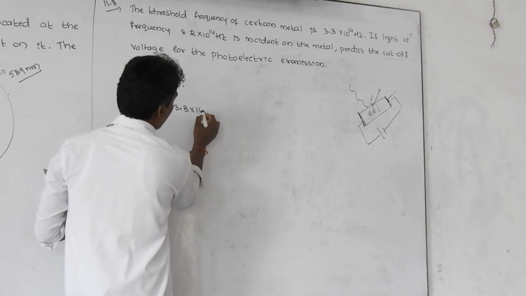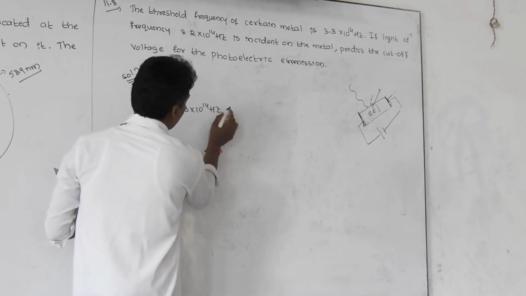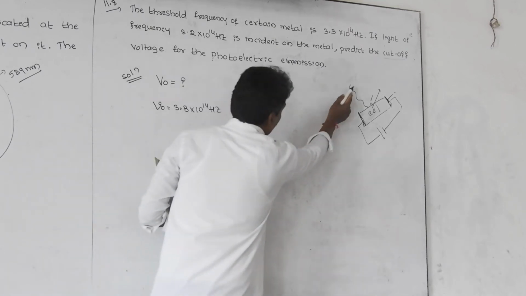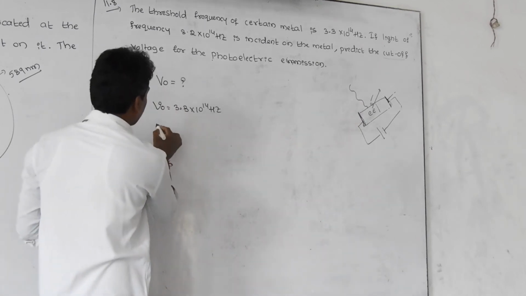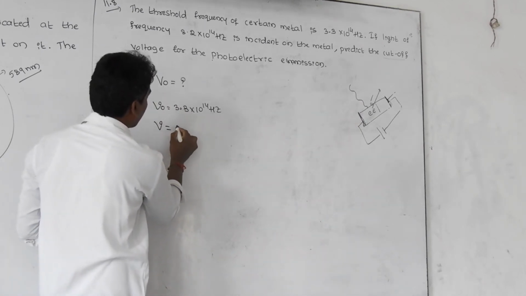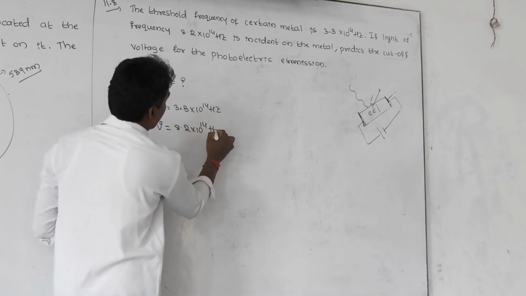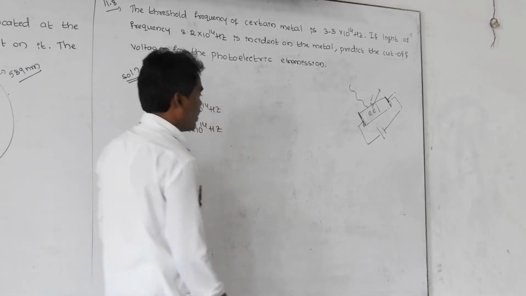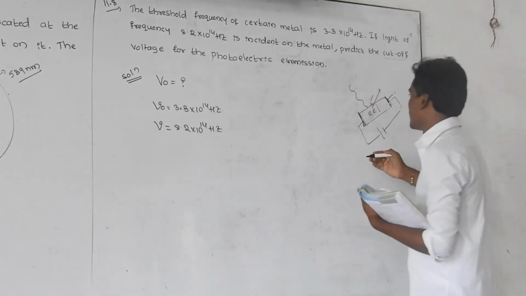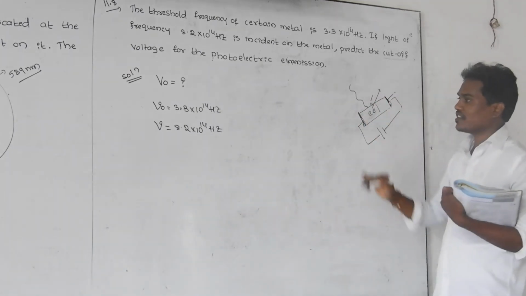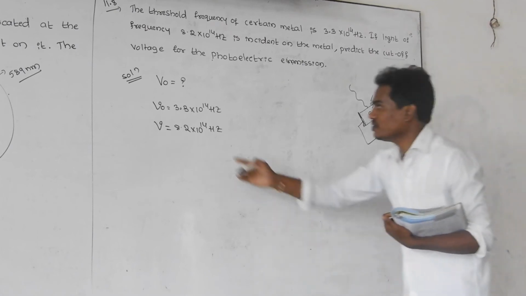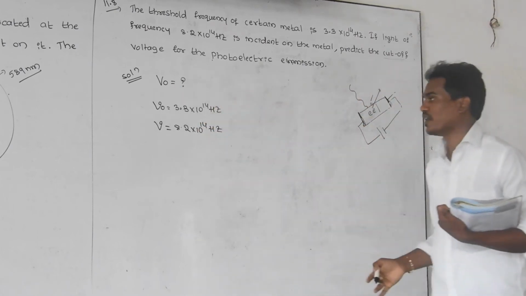The electron is emitting from the surface of the metal. In order to stop that emission of the electron, you have to find the negative potential to apply to the anode plate. Cutoff voltage means negative potential, that is the V naught value you have to find out. The values he has given: threshold frequency is equal to 3.3 into 10 to the power of 14, and they applied the frequency of radiation, nu, equal to 8.2 into 10 to the power of 14 hertz. Whenever the electron is emitted from the surface of the metal, you have to find the negative potential needed to stop that ejection.